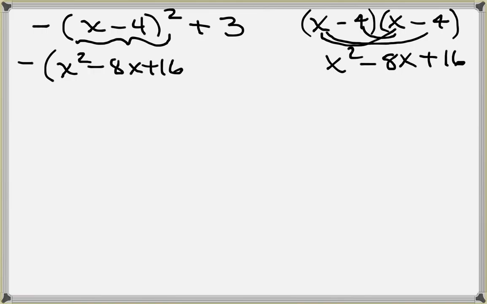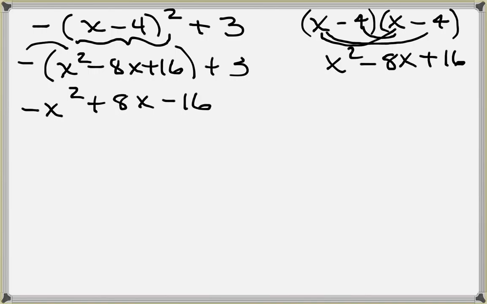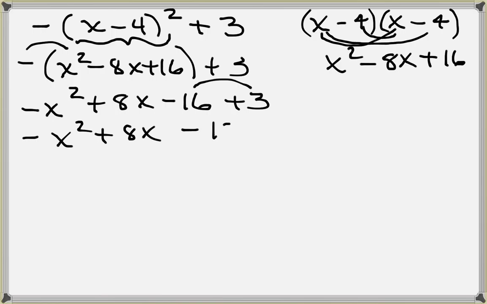Then you're going to take this negative and distribute it through, which changes those signs. So we end up with minus x squared plus 8x minus 16 plus 3 is minus 13. And now it is in quadratic form.